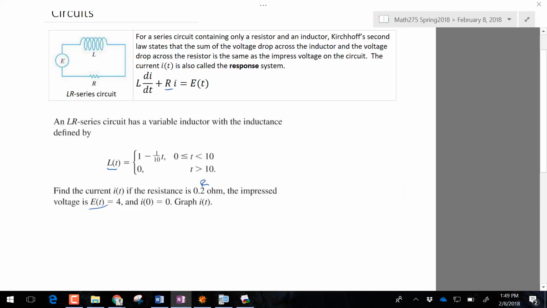Let's do bigger than 10 because it looks like L of t is equal to 0 there, so there might be some nice things that would happen. When t is bigger than 10, L of t is equal to 0. So your differential equation is not a differential equation anymore.